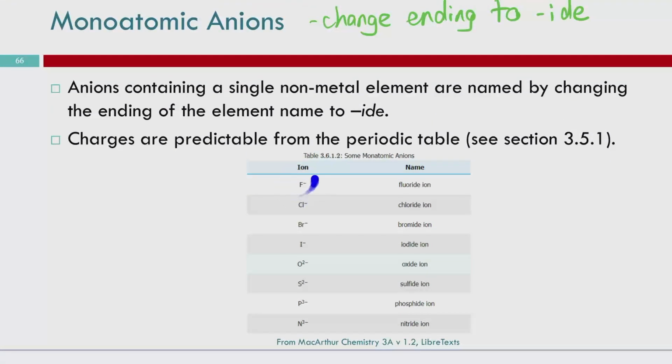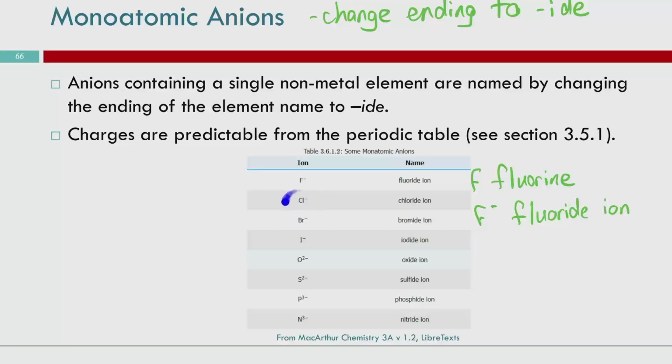So for example, F minus, the fluorine ion, is actually the fluoride ion. It shows up in drinking water if you're on city water, and lots of toothpastes also have fluoride in them. Cl minus is the chloride ion. It shows up in pools.